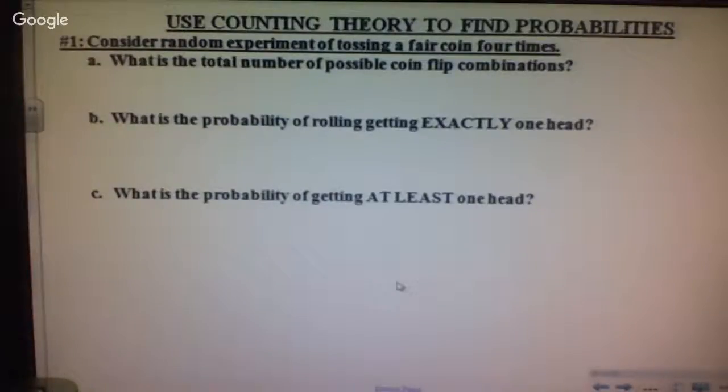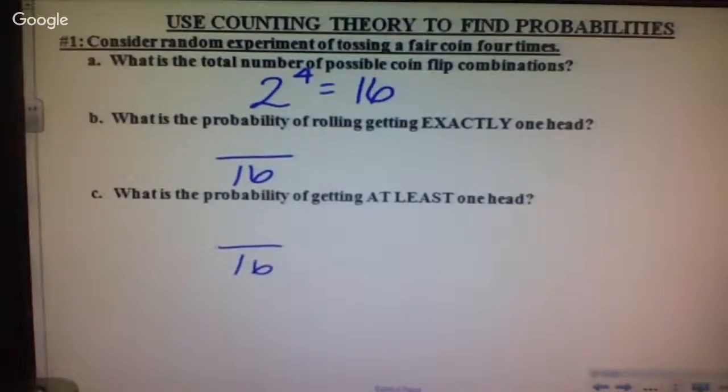Each time I flip a coin, I have how many options? 2. How many times am I flipping that coin? 4. So 2 to the 4th. There's 16 different ways I can do that. So that means when I get to part B, it's out of 16. When I get to part C, it's out of 16.